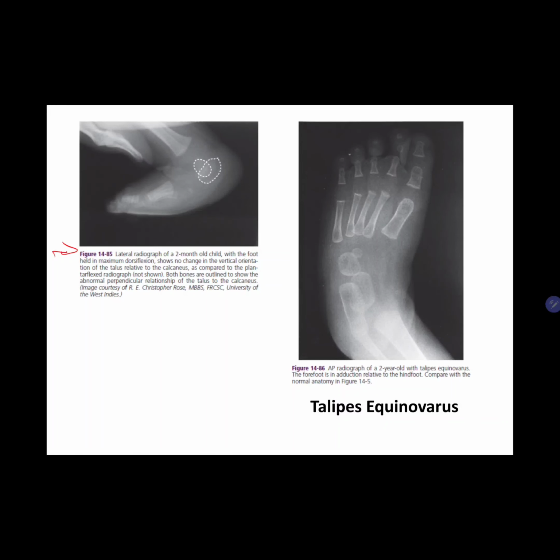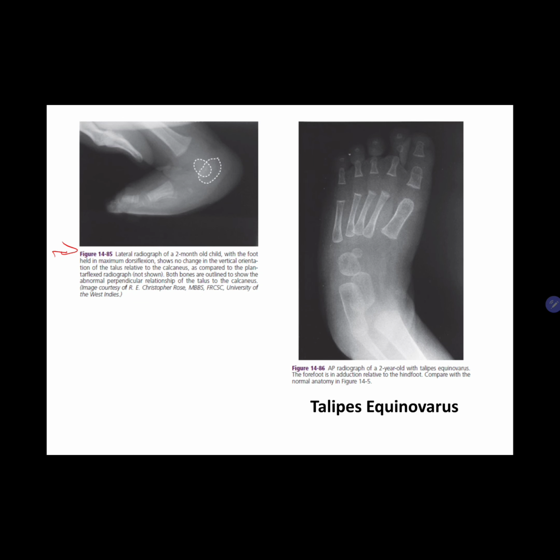So the foot is manipulated into a more normal position, then it's casted. Recasting and repositioning continue at intervals. This is usually complete after 3 months, and then after the foot is realigned, the normal position is maintained through stretching exercises, night splints, and orthopedic shoes for up to several years as needed.